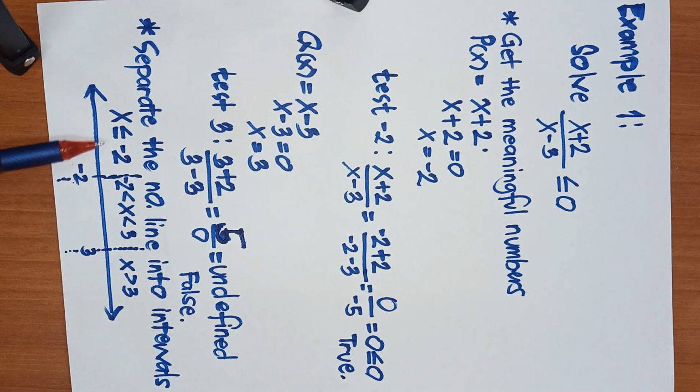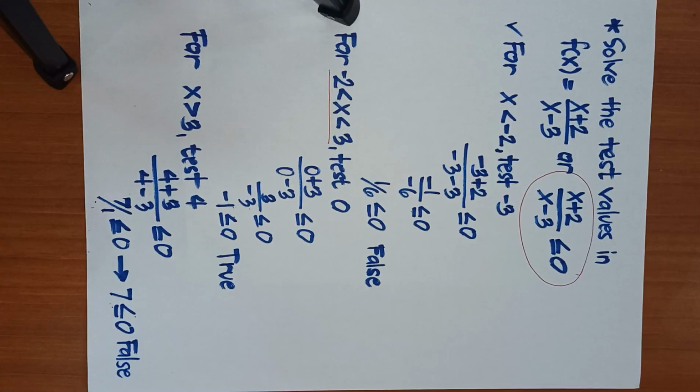One is the values of x which are less than -2. Next is the values which are between -2 and 3. The other is greater than 3, all numbers greater than 3. So 1, 2, 3 intervals.